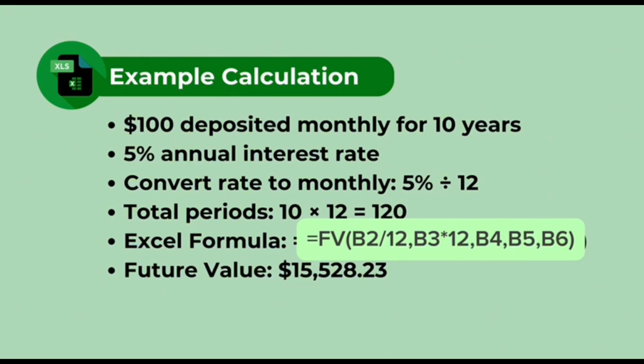And dahil monthly ang deposit, need nating i-convert ang annual rate to monthly rate, which is 5% divided by 12. And ang total number of periods or NPER naman ay 10 times 12, which is 120 months.